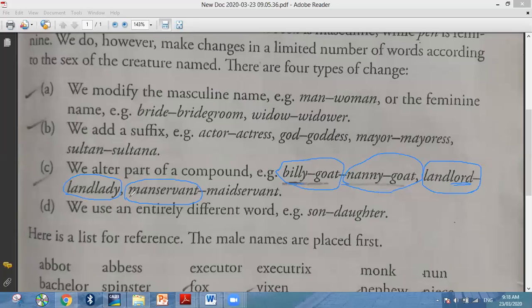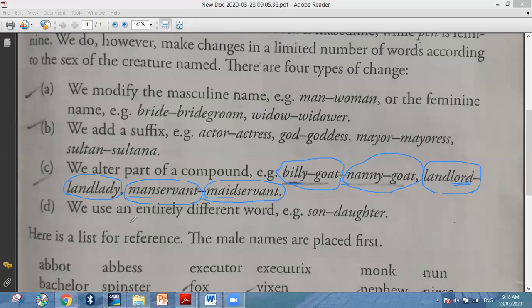But if I want to identify the gender, I can say manservant and maidservant, the female one. All of these words are examples of compound words that can be changed from masculine to feminine by changing the compound form of the word: manservant, maidservant, billy goat, nanny goat, landlord, landlady.